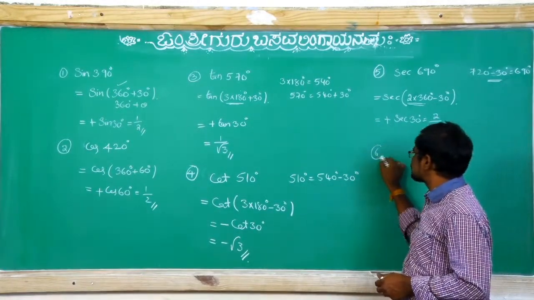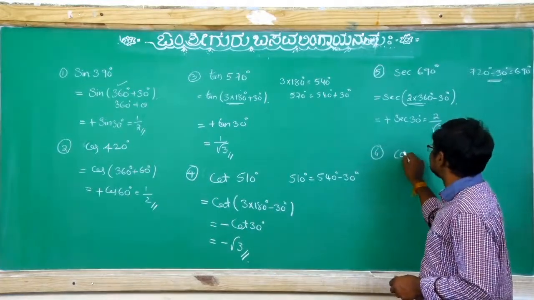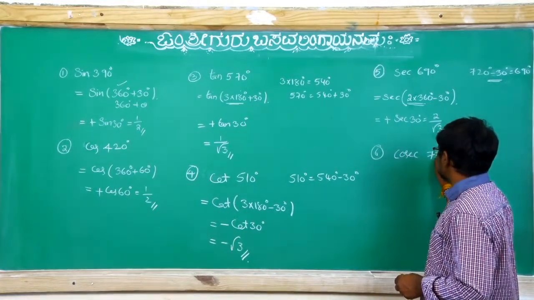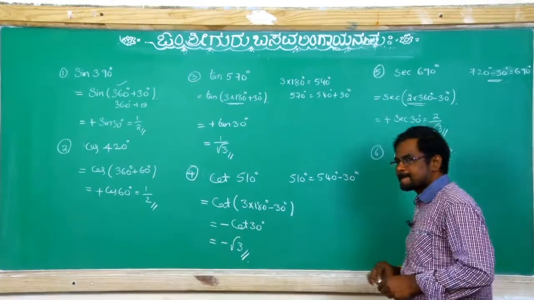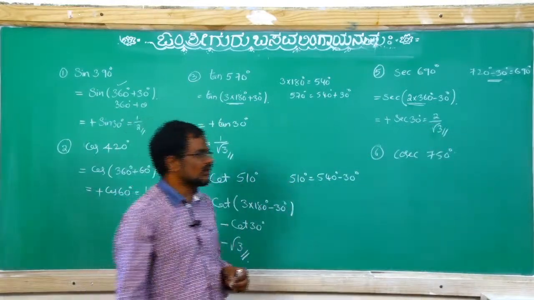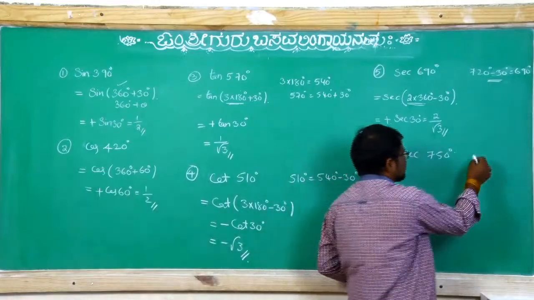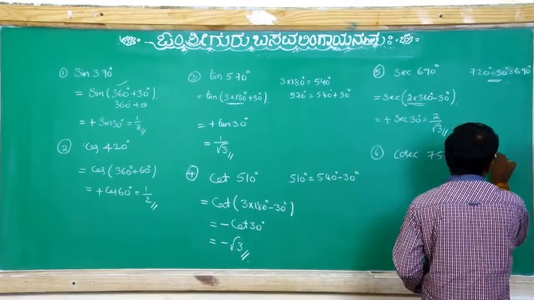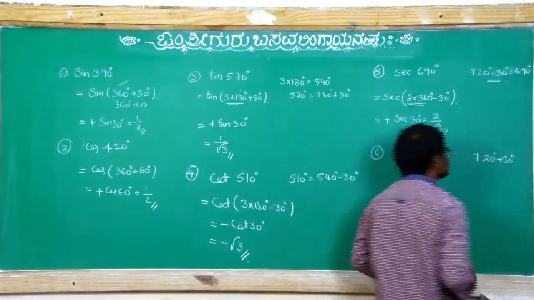Next, sixth one. Cosecant 750 degrees. So what will we get? Same. 720 plus 30, can you write?